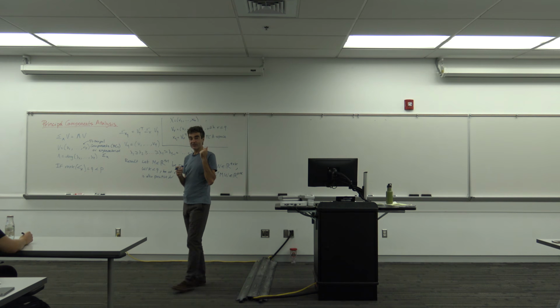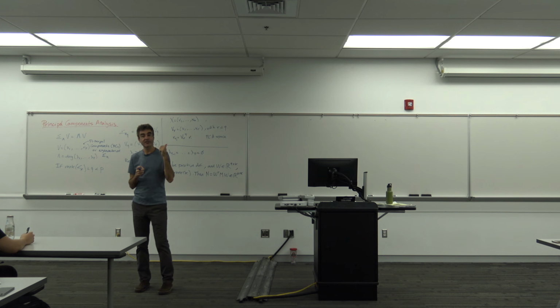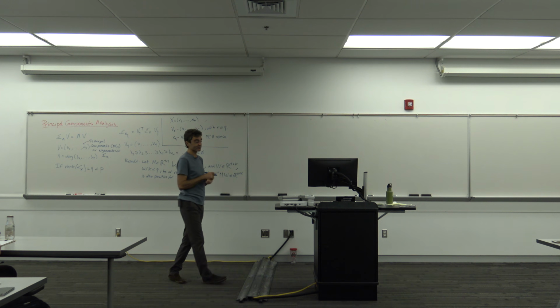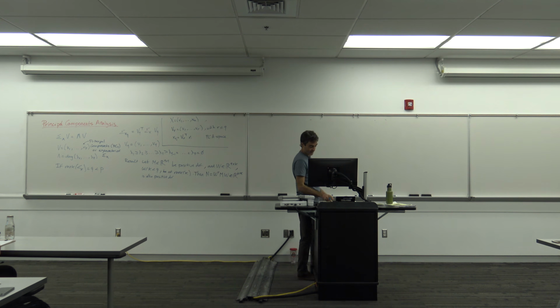Galton was the person that described the wisdom of the crowd by the convergence to the mean, right? Remember all that? Okay. So same people. Pearson defined principal components analysis probably about the turn of the century, 1901. So the method has been around for a while, extremely useful to this day.